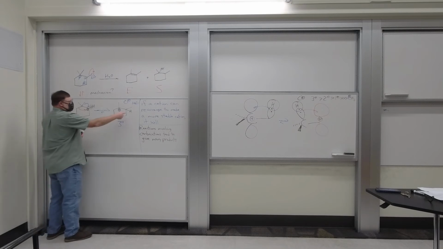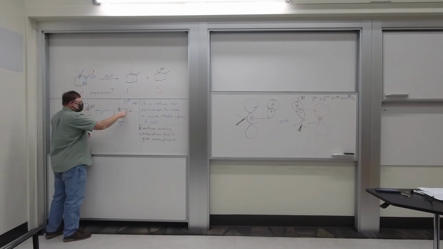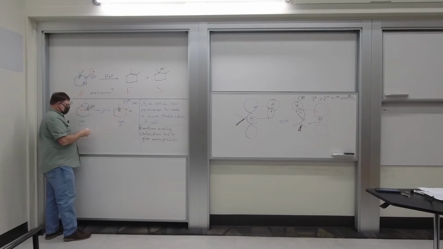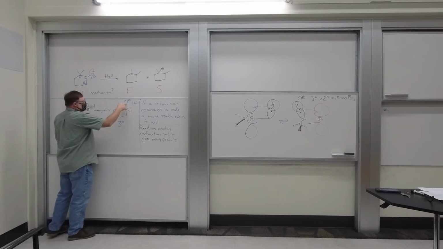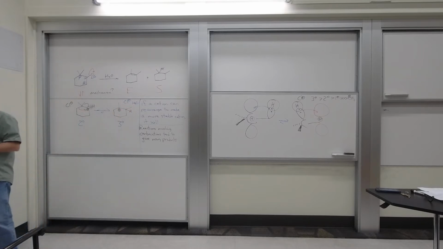So we need a base to take this proton. And then you asked where the electrons come from. The electrons come from this CH bond. Okay, so in the mechanism here, we've got chloride as a base, water as a base. Water is also the solvent. There's a whole lot of water. Water is also a stronger base than chloride.